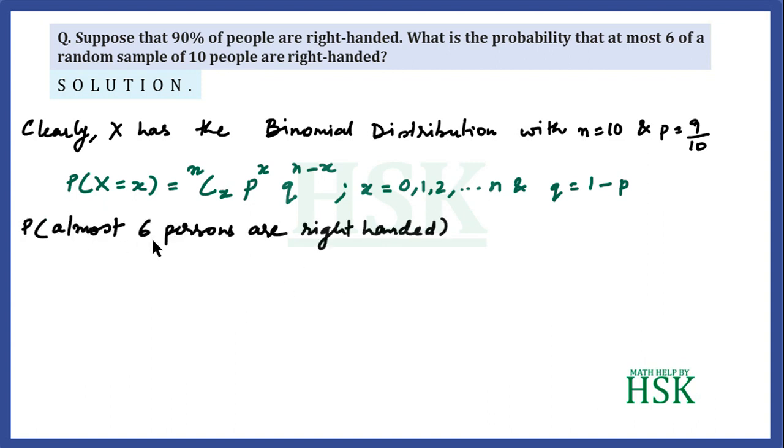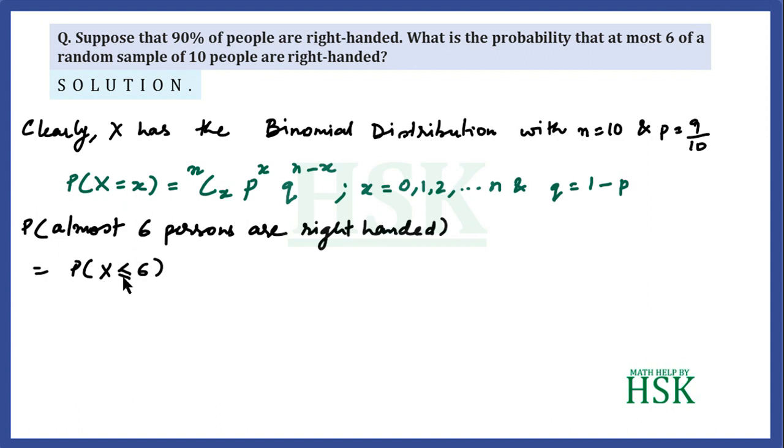Now the probability that at most 6 persons are right-handed would mean the probability of X less than or equal to 6. For this we are required to add the probability of 0 successes plus the probability of 1 success plus the probability of 2 successes up to the probability of 6 successes.